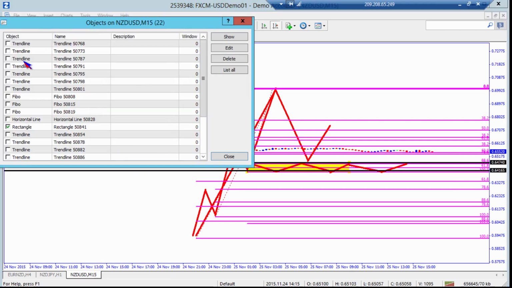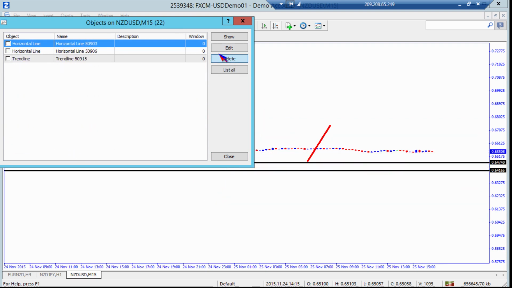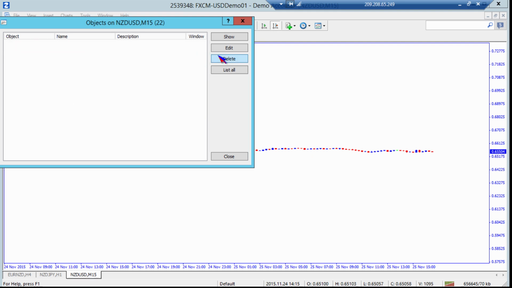Okay, so let's put this into real life action. See if we could establish some support and resistance.